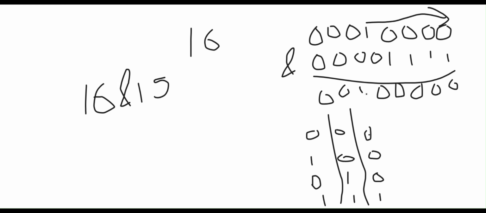So if and only if there is exactly one bit set in the binary representation of a number, then ANDing it with its n minus 1 will return 0. As 16 has exactly one bit set, ANDing it with 15 will result in 0. So we'll use this logic for checking whether a number has exactly one bit or not.